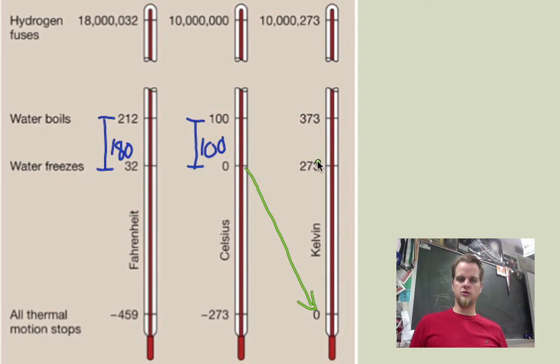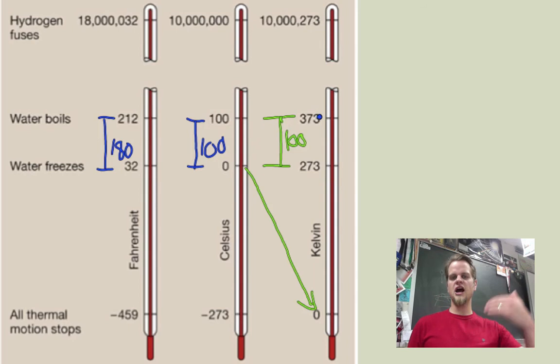So now water freezing is 273 and water boiling is 373, but there's still a 100-degree difference. And now this is why at the small scale, Kelvin doesn't really do much. At the low scale, there's a 273-degree difference.